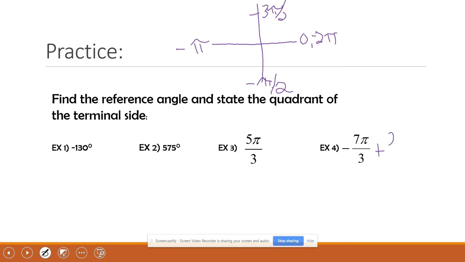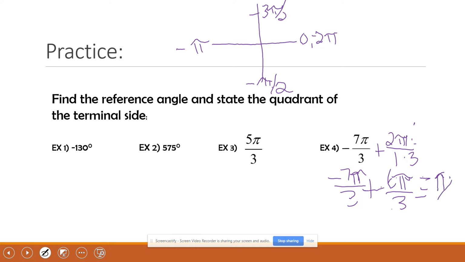So I'm going to add 2 pi to see if indeed we took a whole trip around the circle and then did some extra. Remember, we need to have common denominators, so I'm multiplying by 3 here to make it negative 7 pi over 3 plus 6 pi over 3, which gives us negative 1 pi over 3.